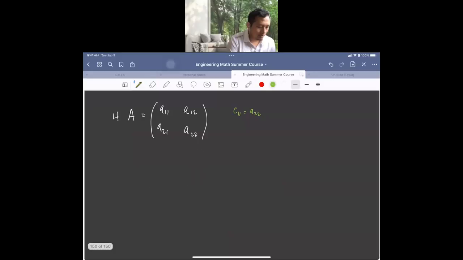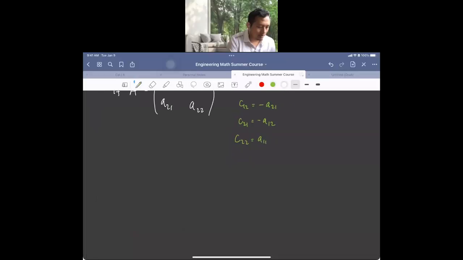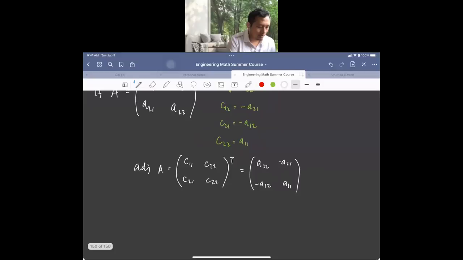Maybe using the C11 first, and then C12 will be negative A21, C21 will be negative A12, and C22 will be A11, because we are going to take the adjoint of A: C11, C21, C12, C22, and transpose this, and this will be A22, negative A21, negative A12, A11.